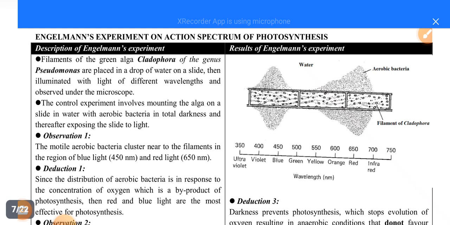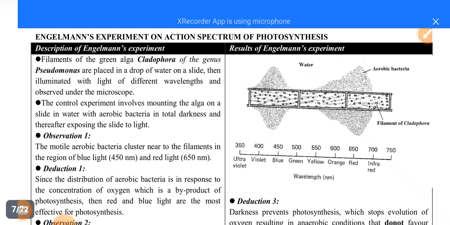This is exposed in water with the aerobic bacteria in total darkness, and thereafter exposing the slide to light. When we talk about aerobic bacteria, those are the bacteria which use what? Which use oxygen.